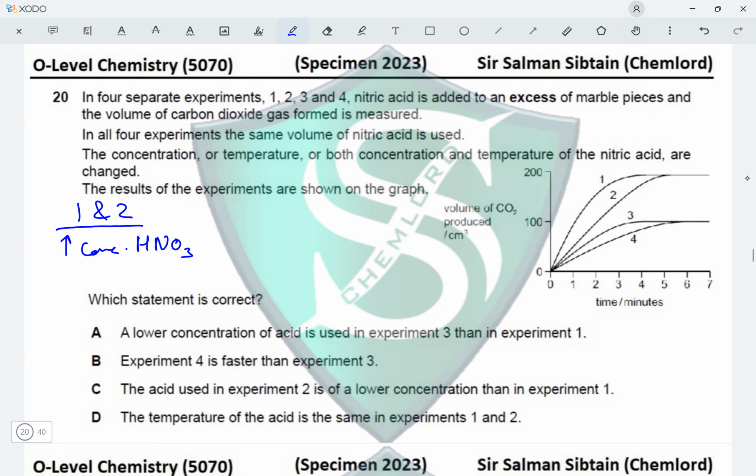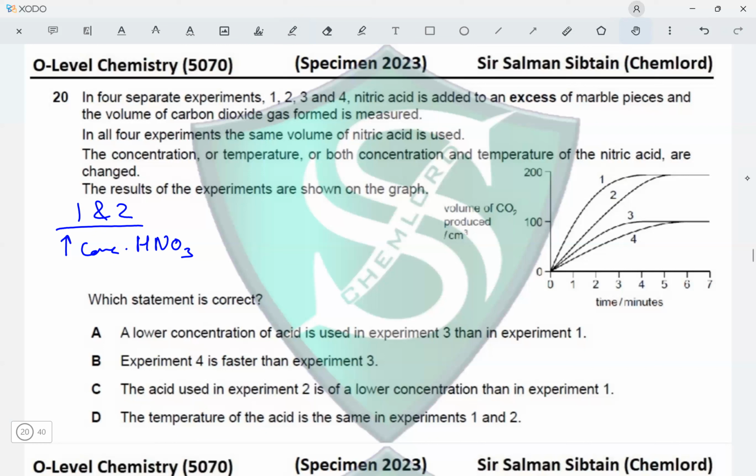So we have decided that experiments 1 and 2 are using a higher concentration of nitric acid. Now we need to find out the temperature. We know that if the temperature increases, the rate of reaction increases. So according to this statement, experiments 1 and 3 have carbon dioxide being produced quicker than experiments 2 and 4.